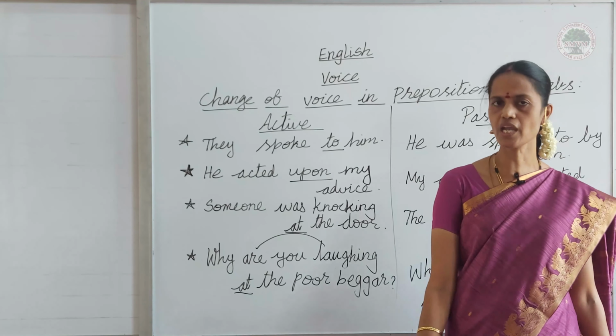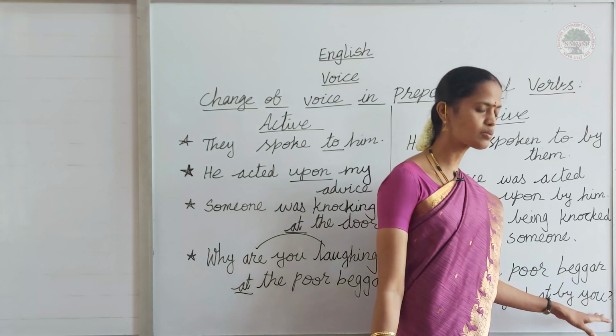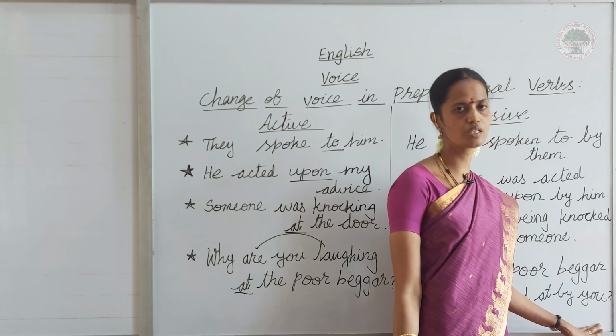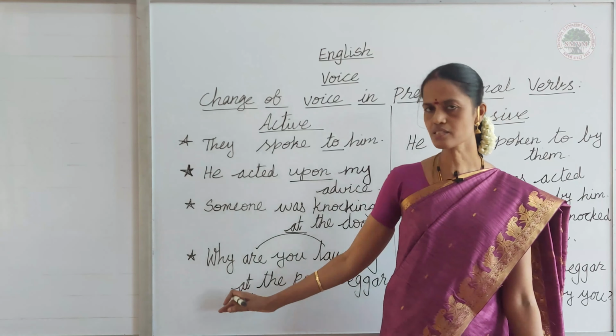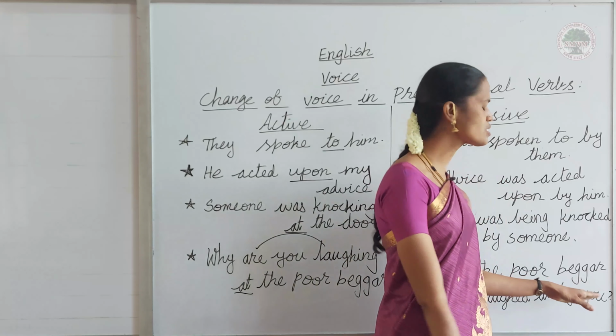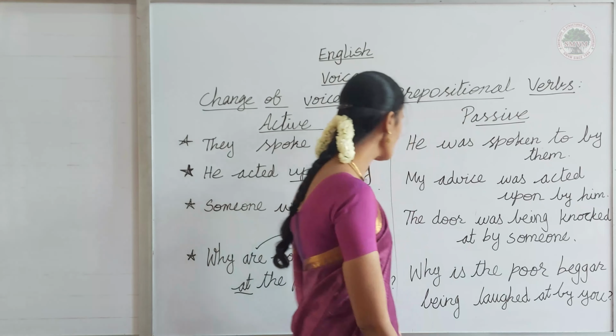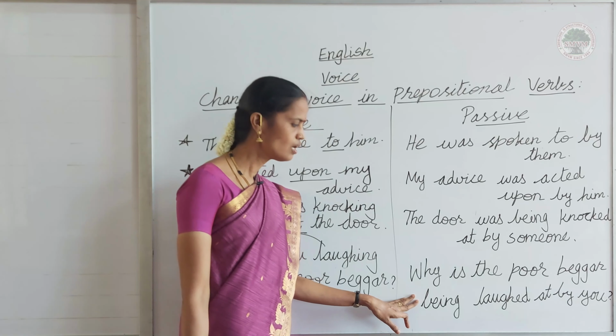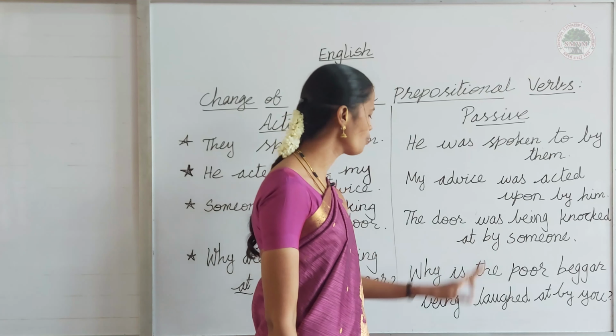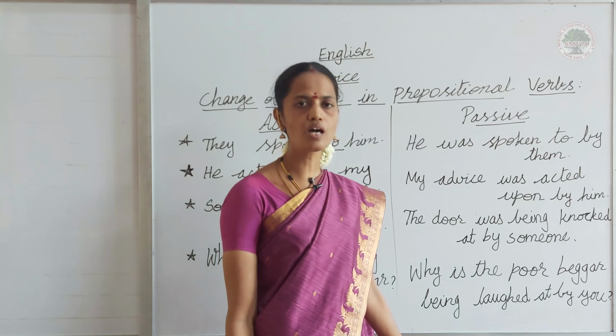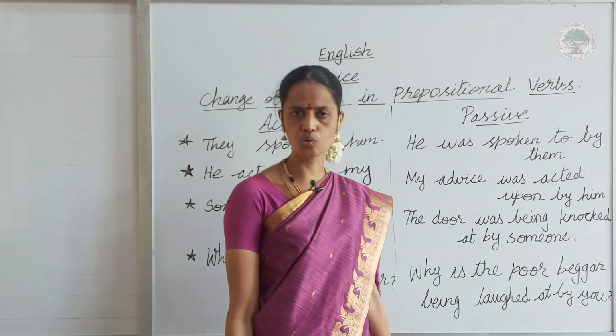"You" is the subject. That's why we brought that subject in the place of object here. Okay, as it is a question, we are using the question mark at the end of this sentence. Okay, so once again I will be reading the answer. "Why is the poor beggar being laughed at by you?"